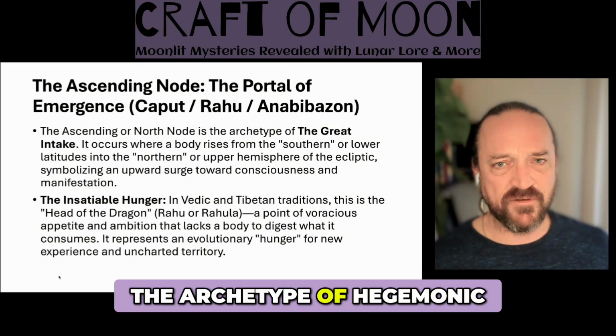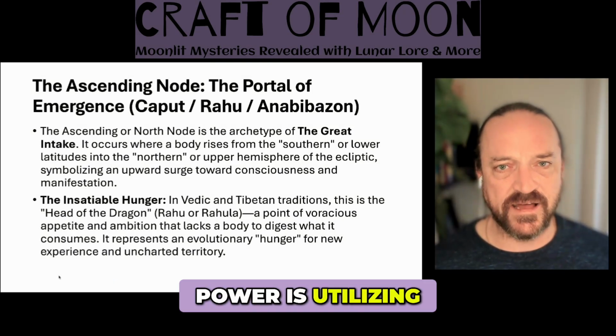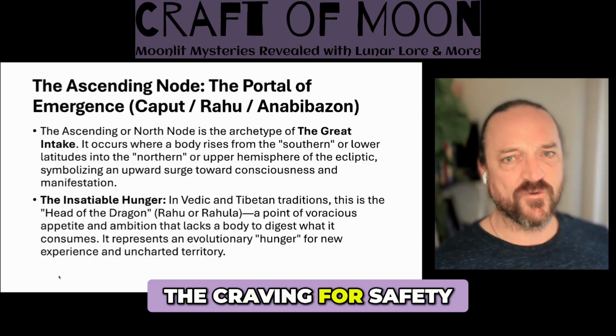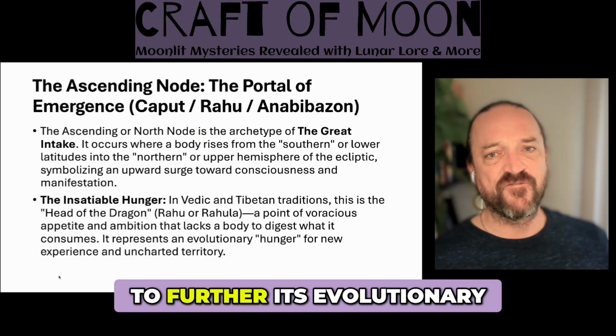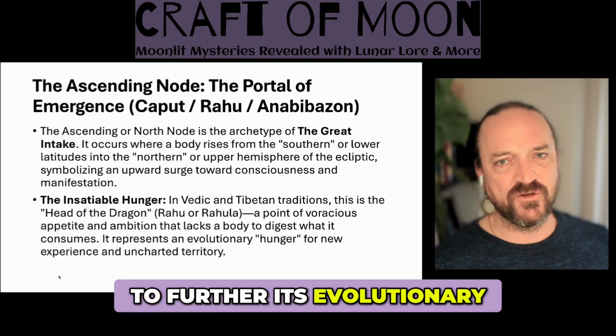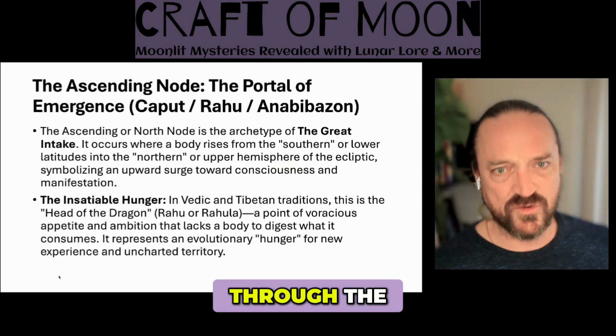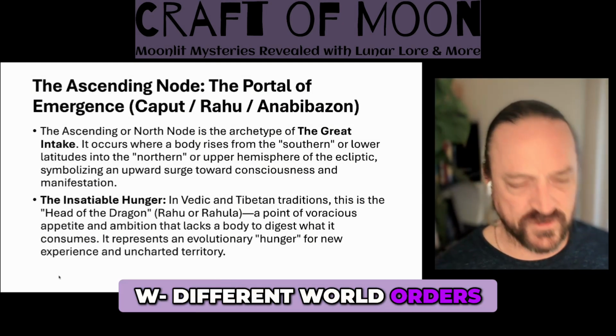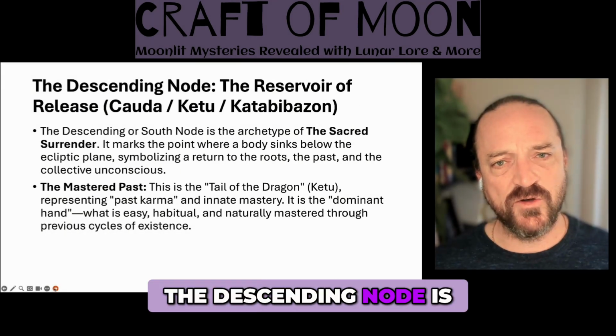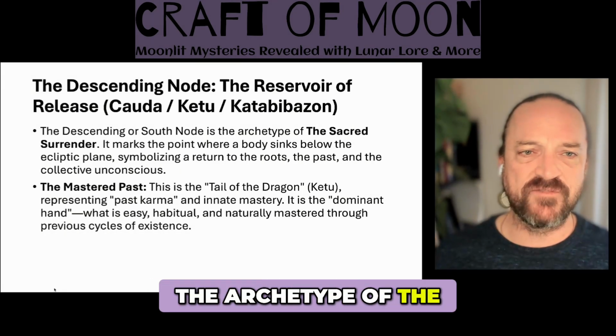The archetype of hegemonic power is utilizing the craving for safety and security to further its evolutionary incentives through the different world orders. So that's what we're talking about with that ascending node. The descending node is the archetype of the sacred surrender.